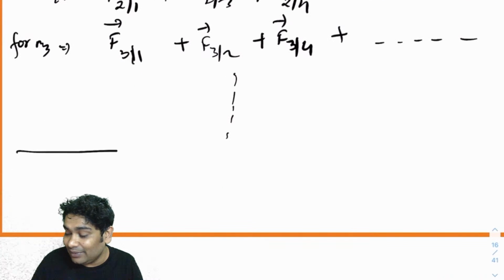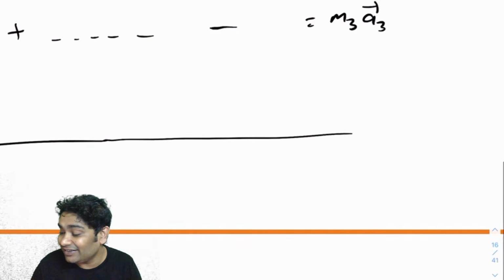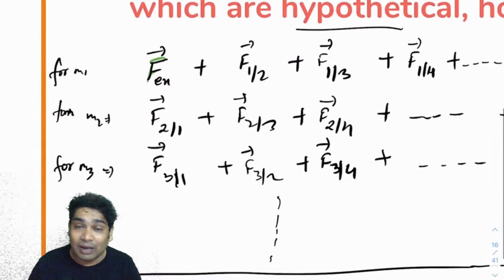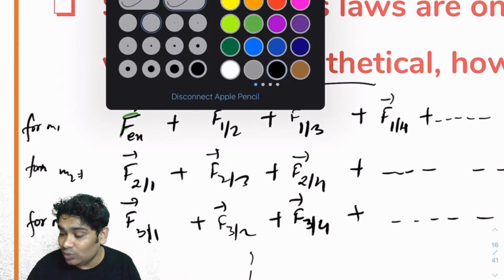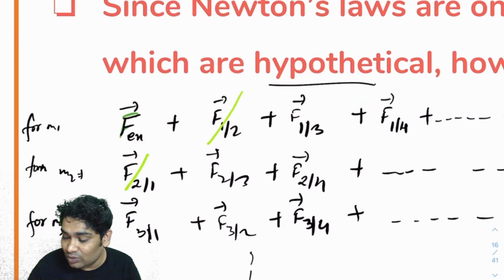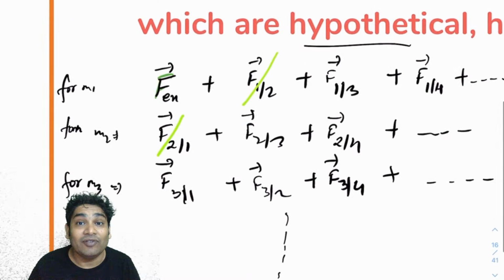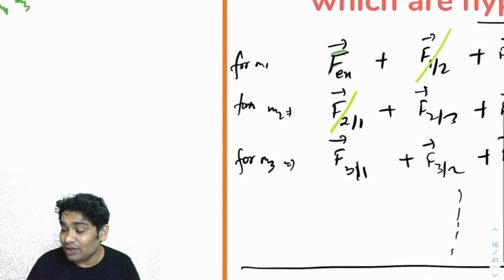Now when I add them up, what happens? Something special happens. When you're adding them up, you will realize that this and this will get cancelled. Why? Newton's third law. What does Newton's third law say?